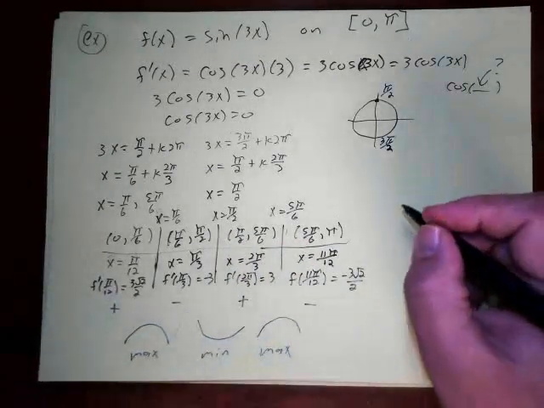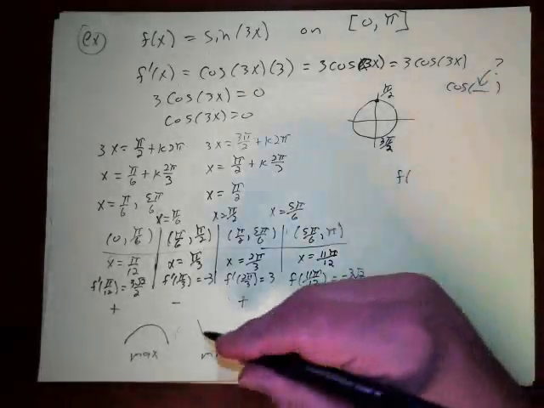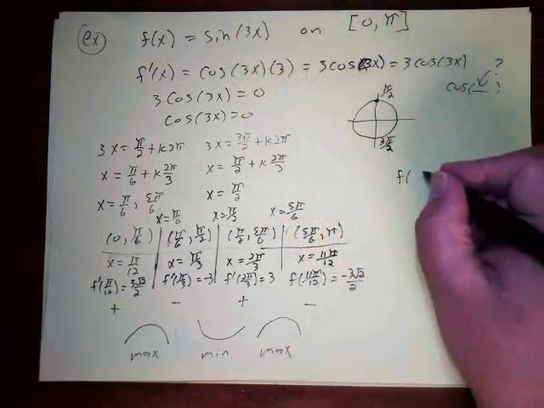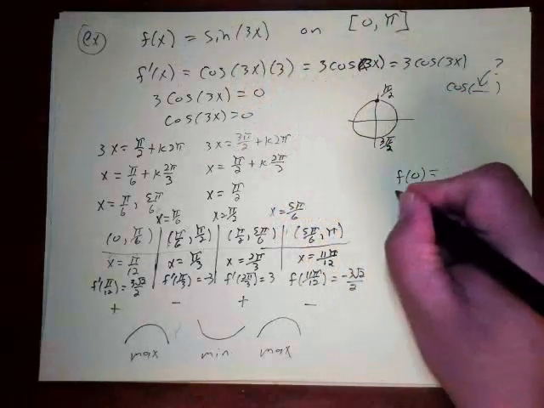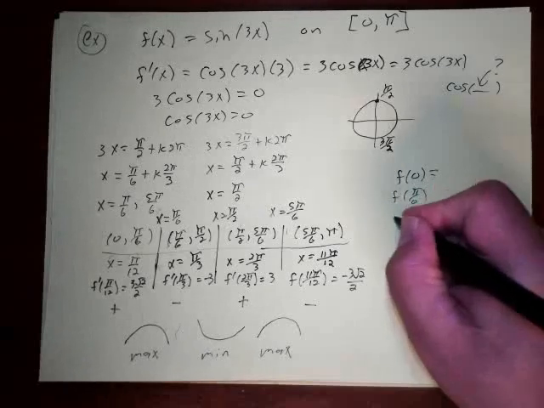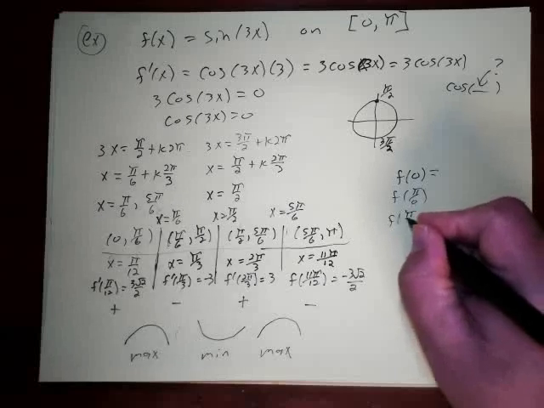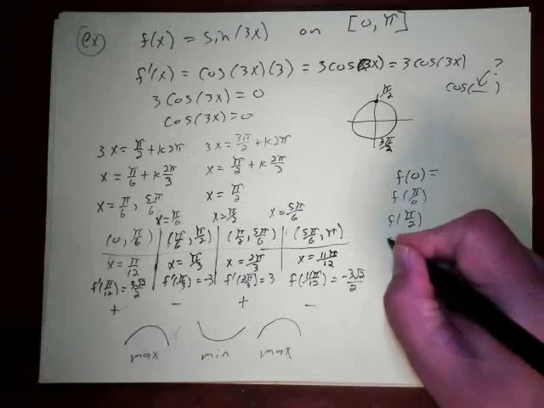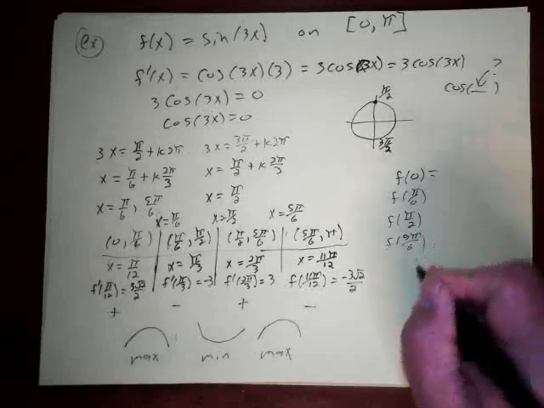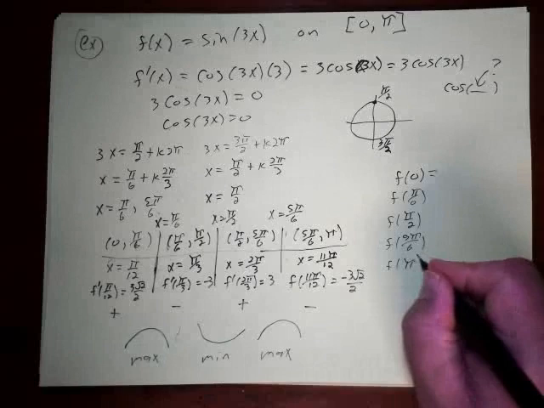So now, to find the absolute min and maxes, I'm going to plug in each of these points into the original function along with the endpoints. So f at 0, f at pi over 6, f at pi over 2, f at 5 pi over 6, and then f at pi.